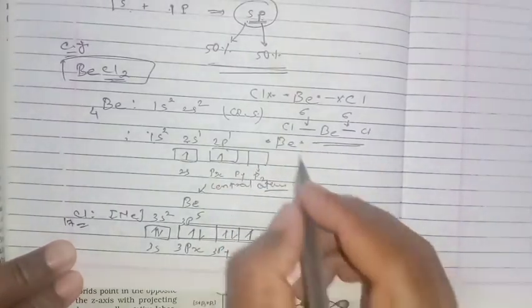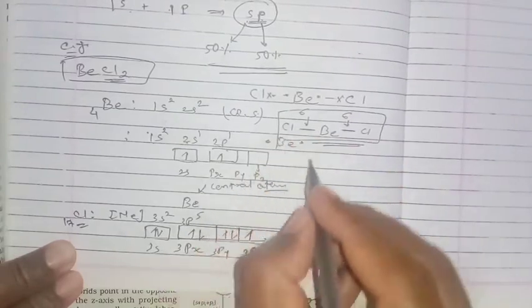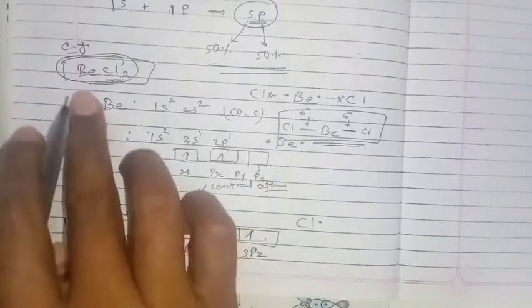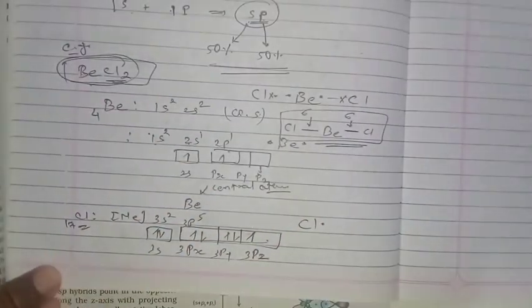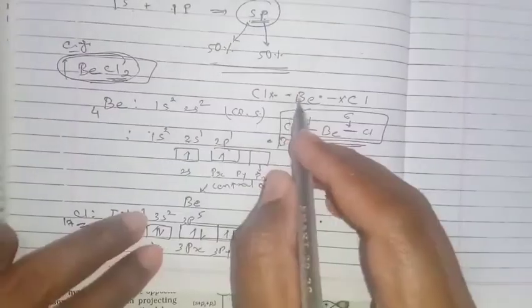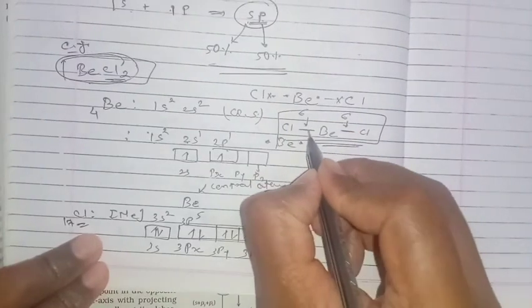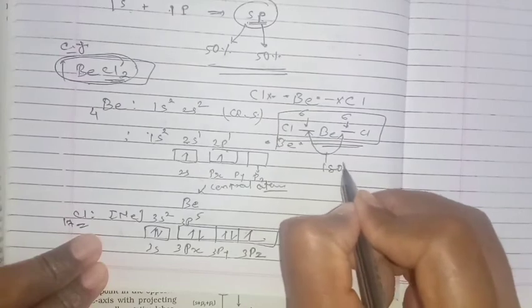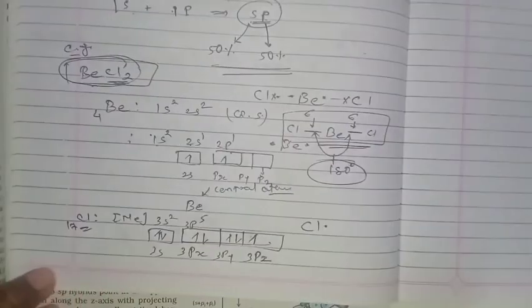So this is the concept of hybridization in the BeCl2 molecule. Its shape is linear and the bond angle is 180 degrees.